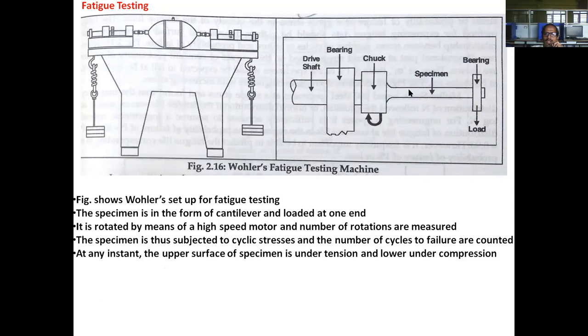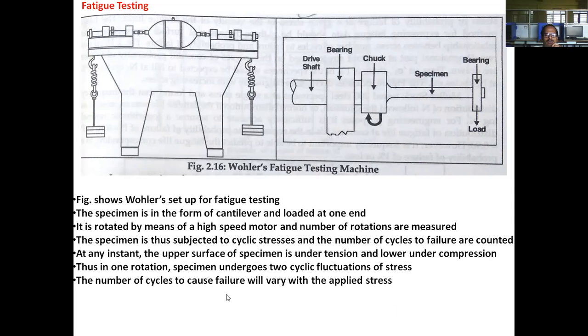When it starts rotating, the upper portion undergoes bending. So the upper part is under tensile stress and the lower part under compressive stress. In one rotation, the specimen undergoes a cyclic fluctuation of tension and then compression, again tension, compression, continuing till the material fails. The number of rotations is counted, and the stress is also known for further calculation.